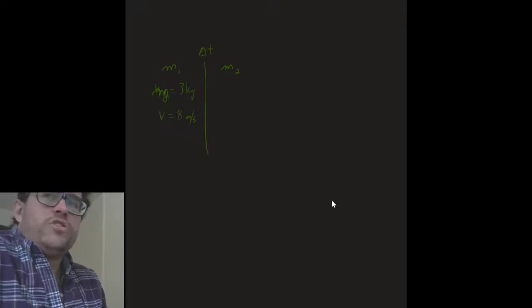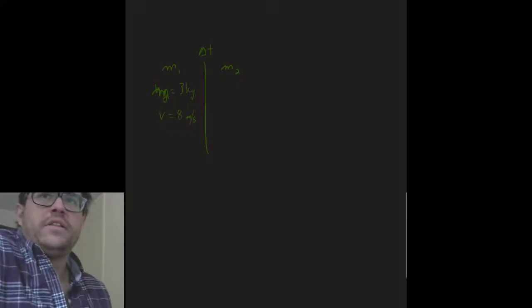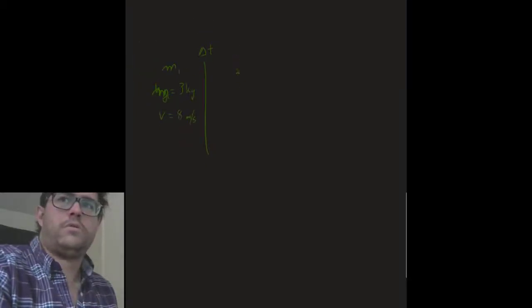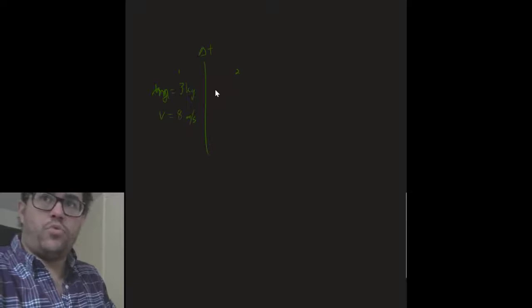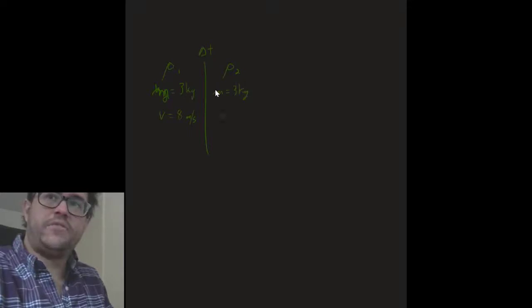On the second situation, momentum, that's not the right letter for momentum. This is row 1 and row 2. The mass would be the same at 3 kilograms, but this time the velocity would be 12 meters per second.